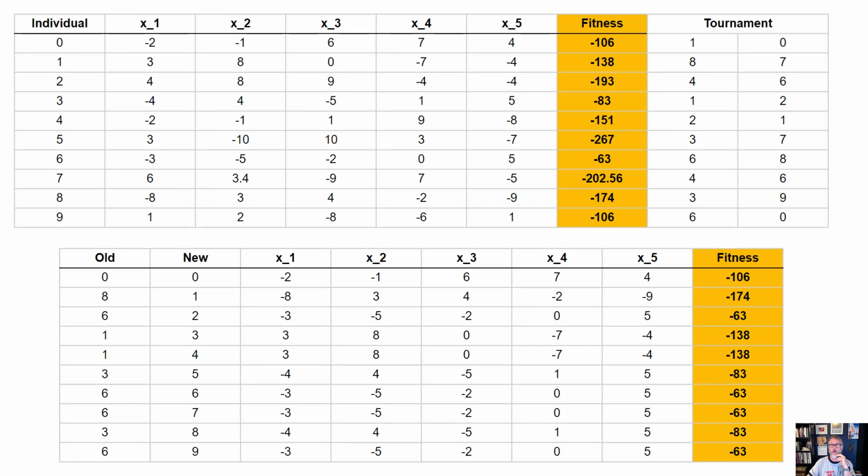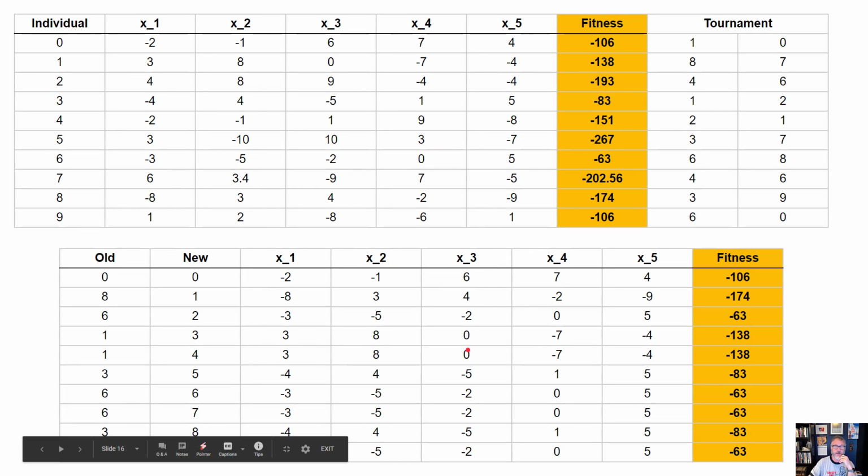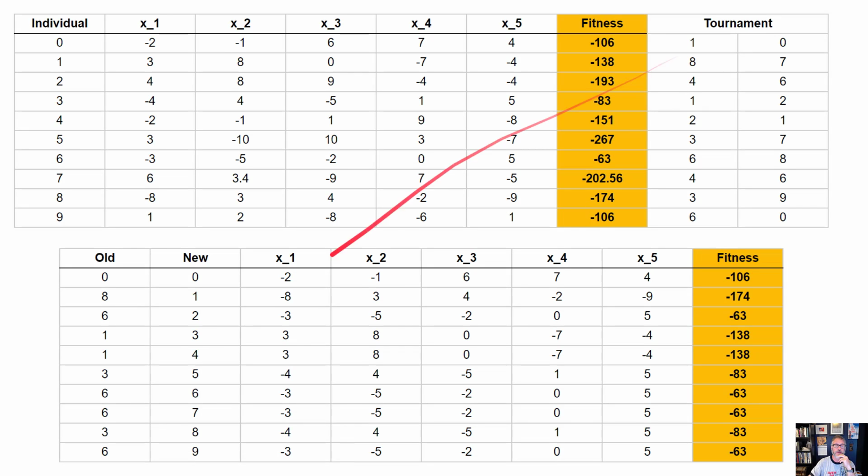So here's an example, and I hope I did these all right because I did these by hand. For our first tournament, to pick spot 0 in the new population, the 2 individuals selected were 1 and 0. We look at these 2 fitnesses, and these are the updated fitnesses, by the way, and we find that individual 0 has the best fitness. So individual 0 from the old population is copied over as the new individual 0.